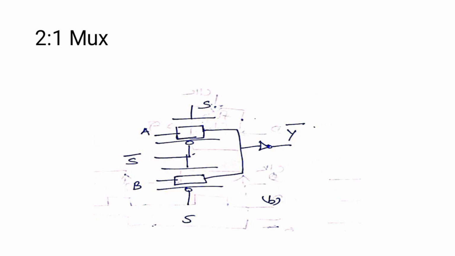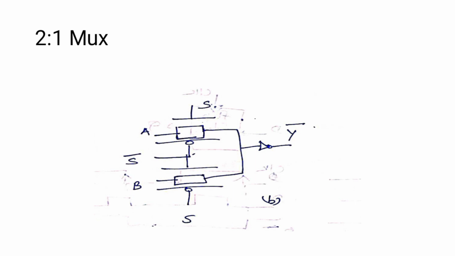The transistor gets turned on, and here S is 0, so S bar becomes 1. That 1 goes to the PMOS transistor in the upper TG, and the same goes to the NMOS in the lower TG.